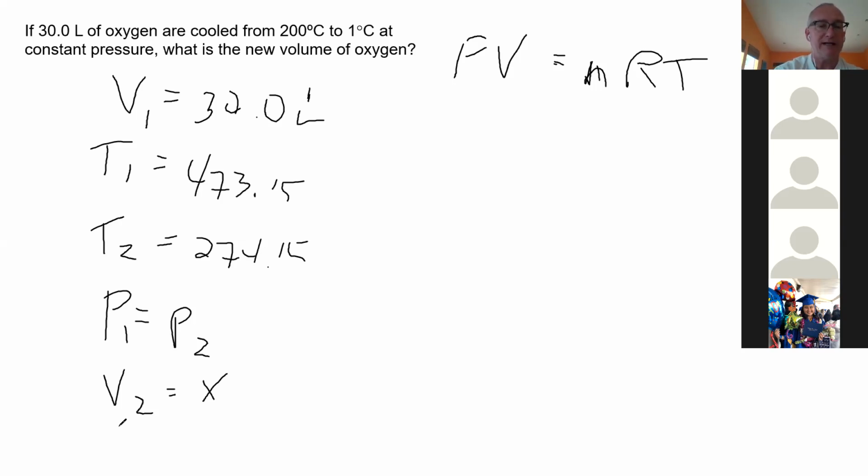Because we're changing temperature, what's the relationship between temperature and pressure? Is it direct or is it indirect?